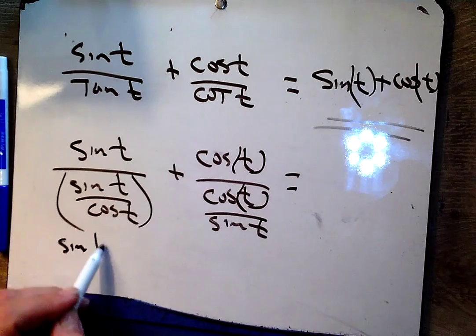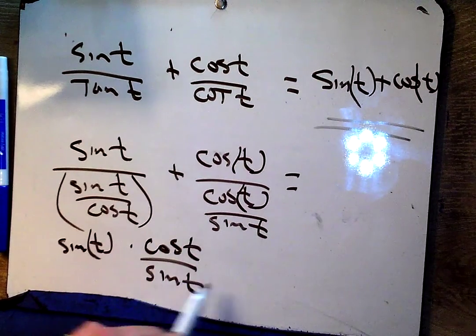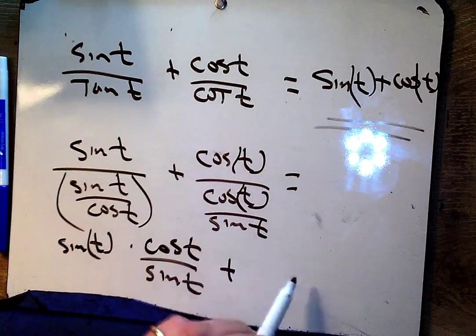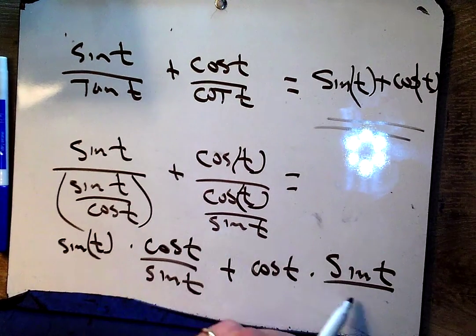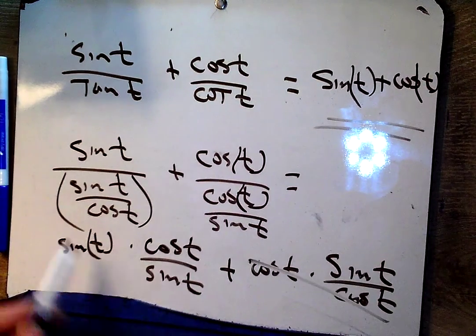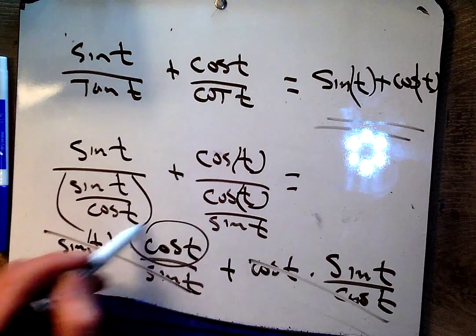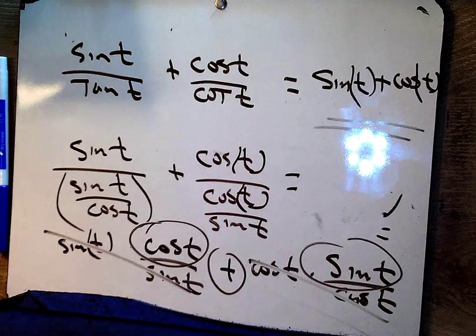Then I have sine t times cosine t over sine t plus cosine t times sine t over cosine t, because I have to flip it. Cosines cancel, sines cancel, sine plus cosine, and I'm all done. Oh, that wasn't so bad.